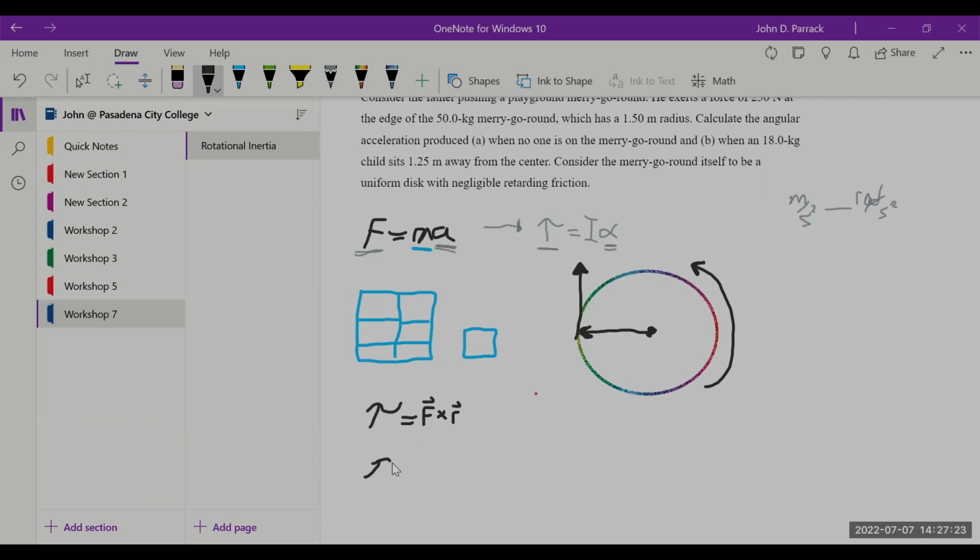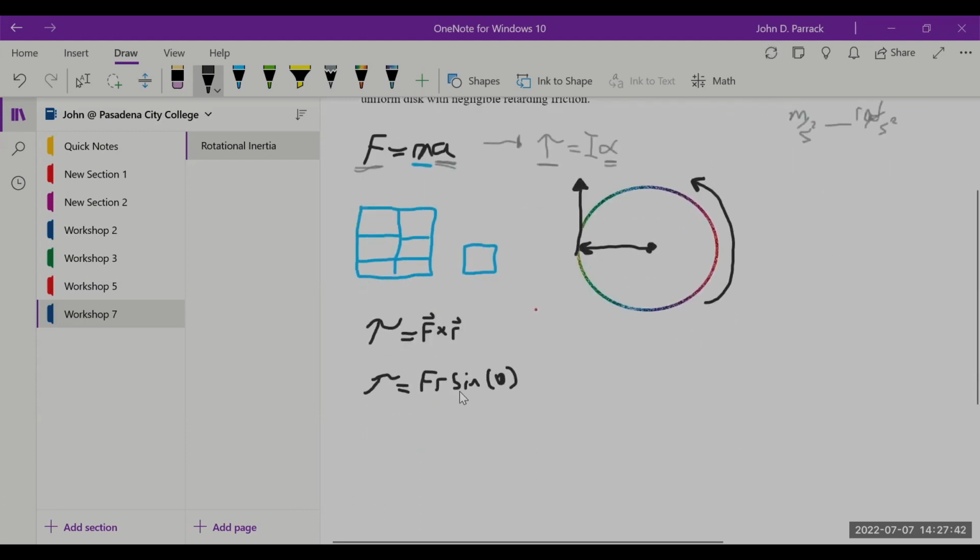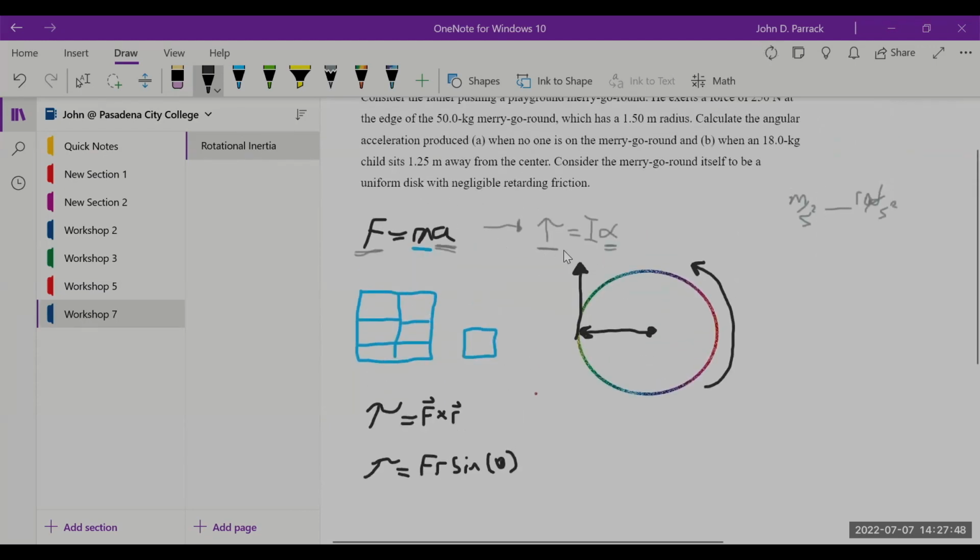Or you may have seen FR sine theta, where we take the magnitude of F, the magnitude of R, and theta is the angle between the two vectors. This is equivalent to taking the cross product. Either one of these will give us the torque. And the torque is acting as our force in this analog, this F equals ma analog.